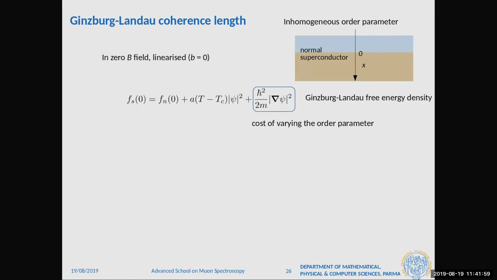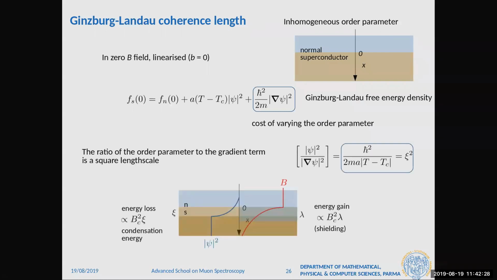And you can do the same with superconductors. You have to introduce a term which is proportional to the gradient of the order parameter, which is psi. I didn't underline it enough, but this psi is a complex order parameter. This is a special thing that you have to do. It cannot be a real order parameter. It has to have a modulus and a phase. And here you're introducing the gradient of that. It's the cost of varying the order parameter. So again, we will do just a dimensional argument, right?